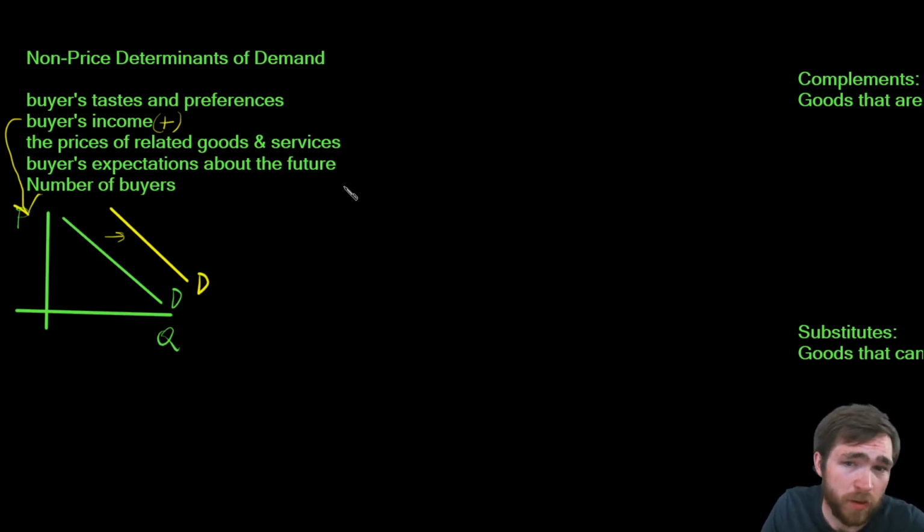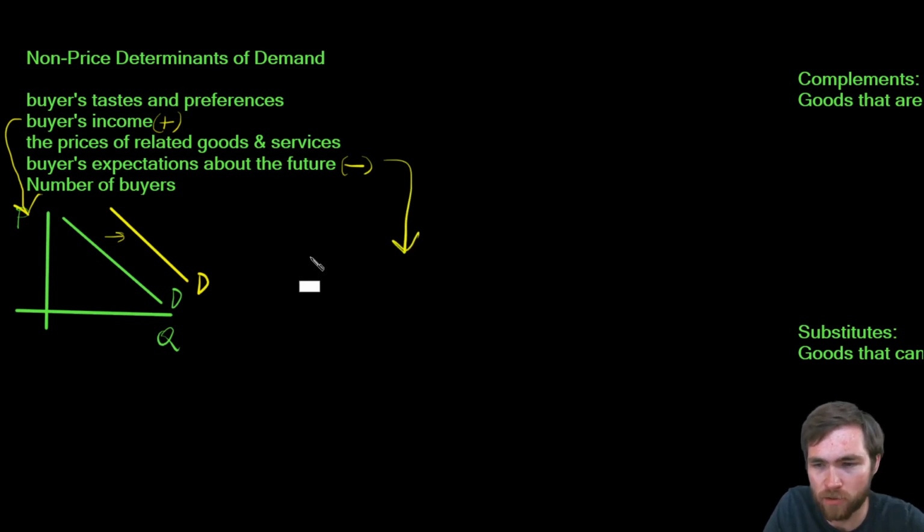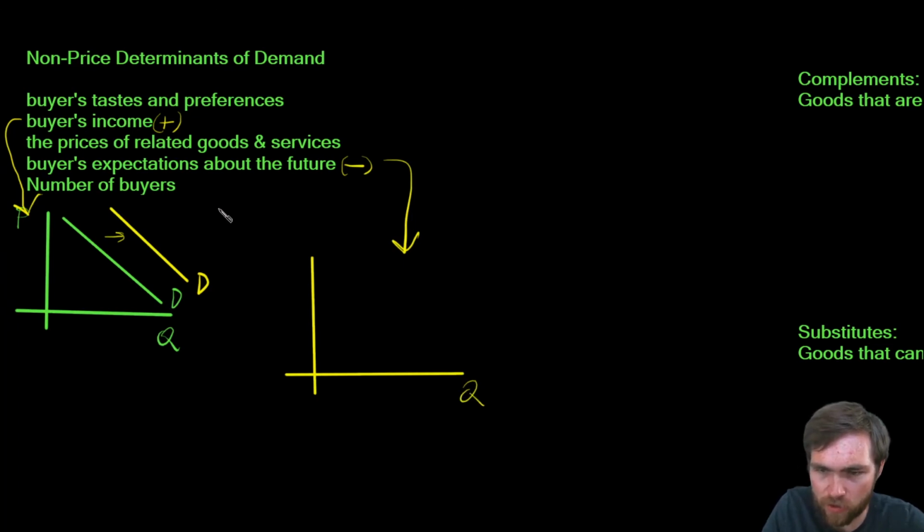So for another example here, let's think about buyers' expectations about the future. And let's say that they're really pessimistic about the future. Everyone's convinced that we're beginning a recession, and we are likely to see falling incomes in the future. And so people may be less inclined to spend money under those circumstances. So let's draw that scenario out, Q and P. We've got our downward sloping demand curve.